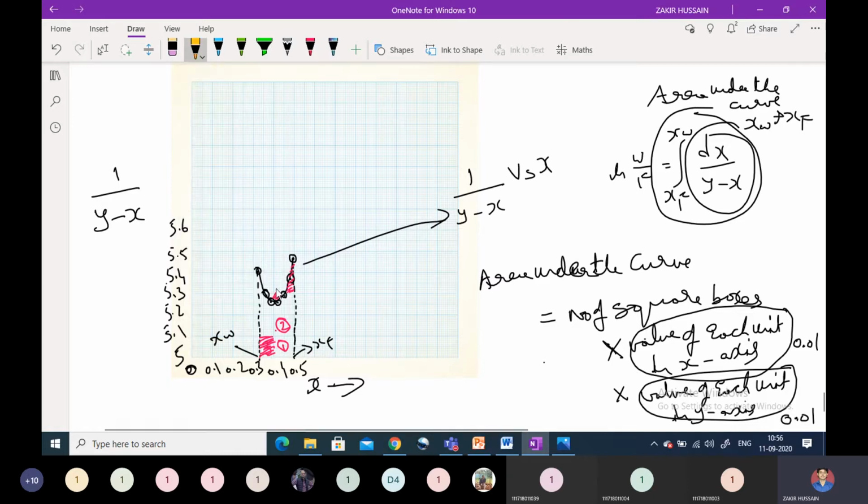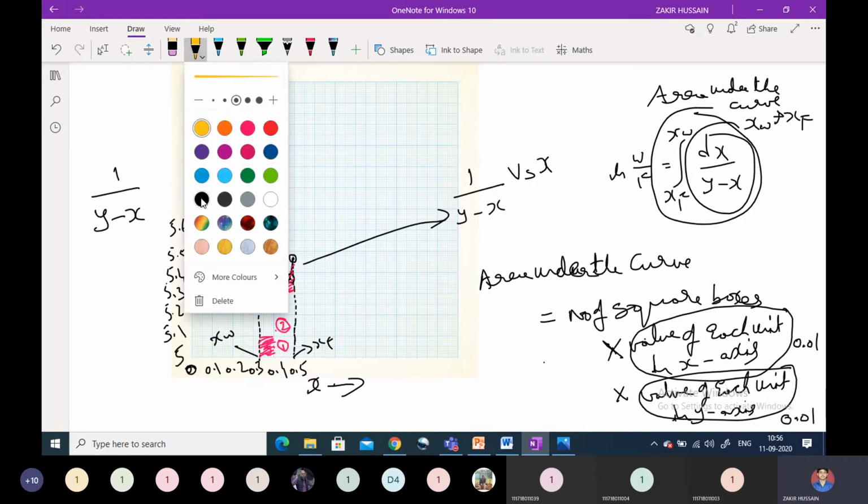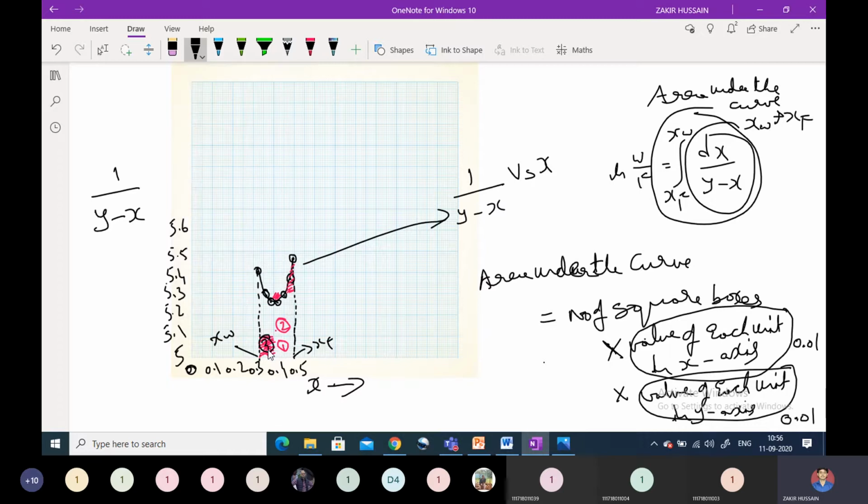Then here and this one, this shaded portion, you can assume as the 4th square box.